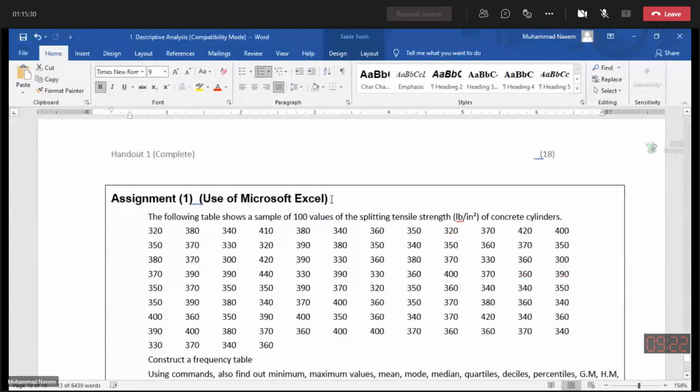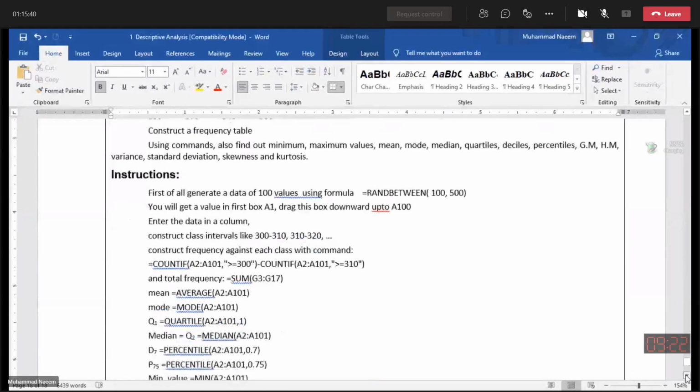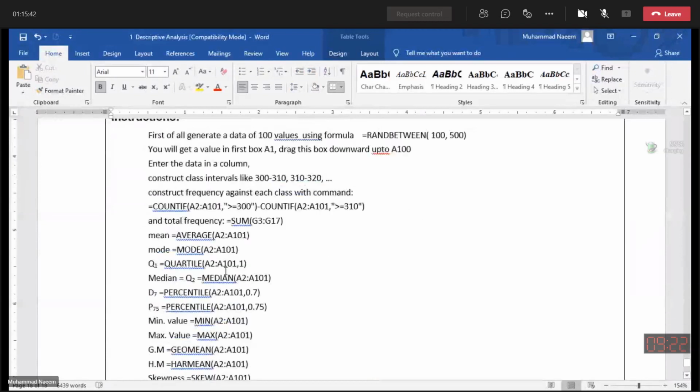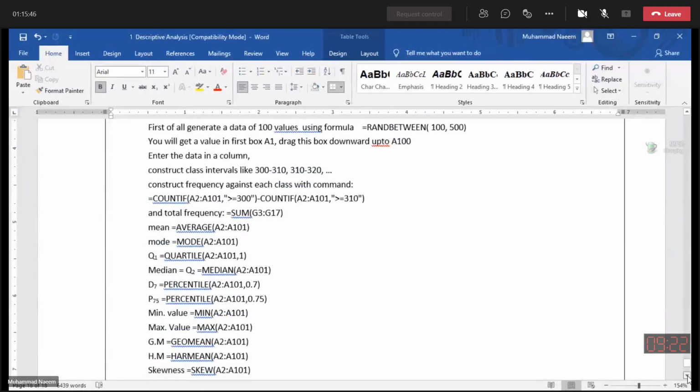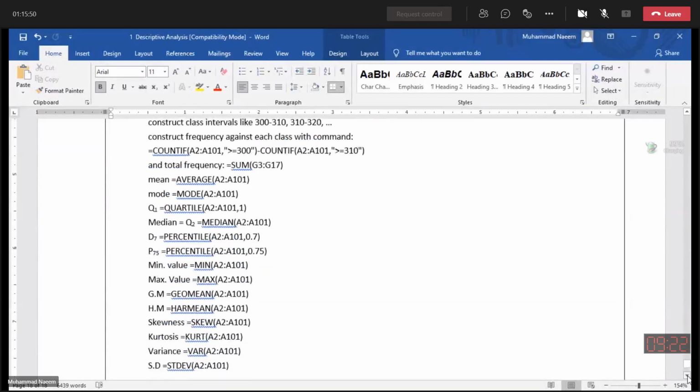Either you do it manually, or you can also use the Excel sheet. Easily you can calculate these measures using an Excel sheet.